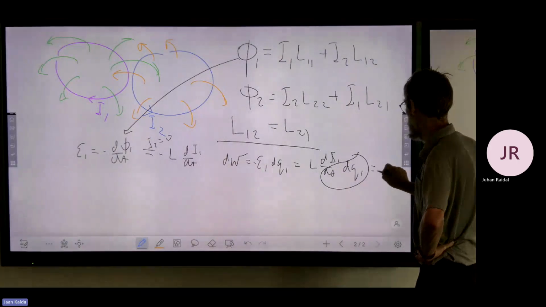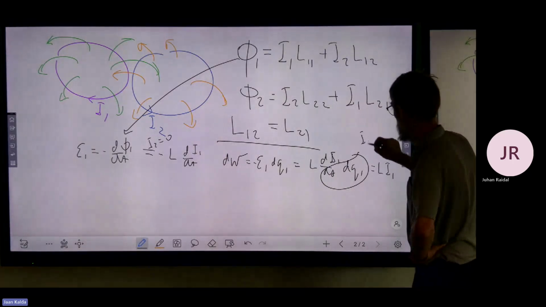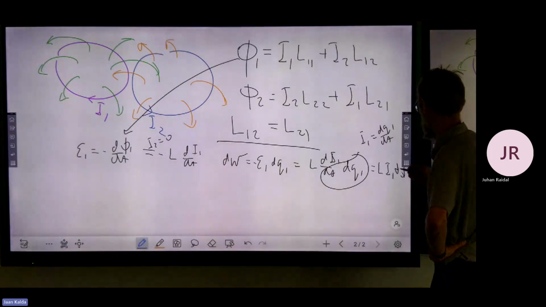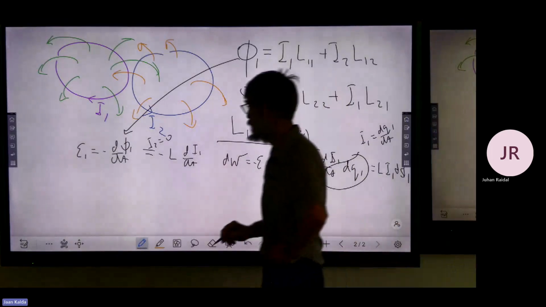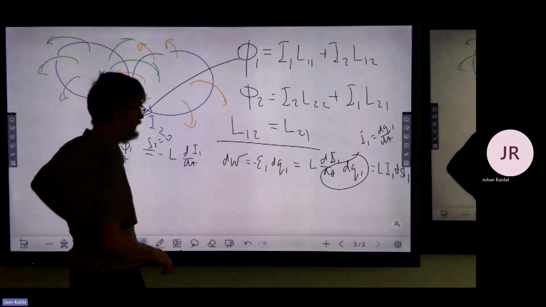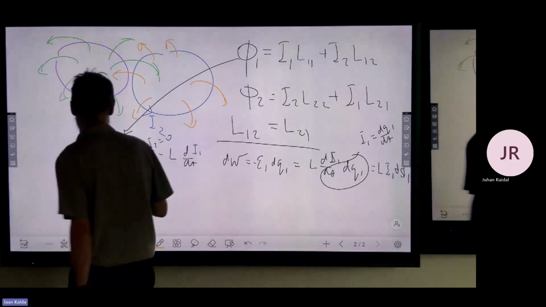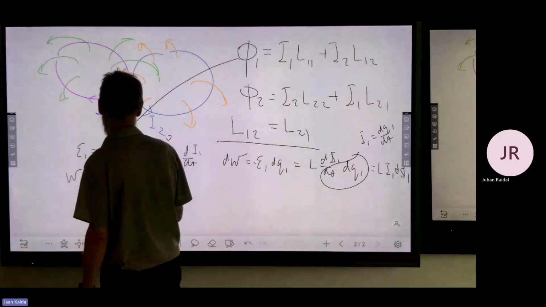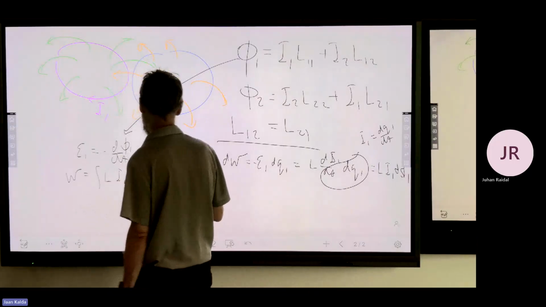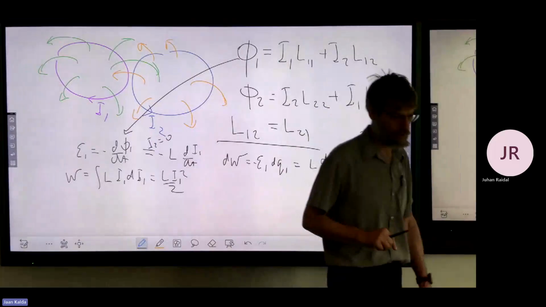Then we have L I1 di1, because I1 is dq1 over dt. Now we integrate to obtain the work done. Starting from 0 and ending at a certain final current I1, it is the integral of L I1 dI1, which is L I1 squared divided by 2. Probably that formula you remember, right?